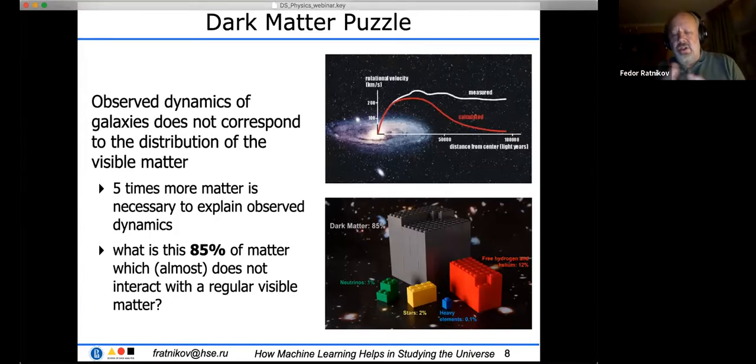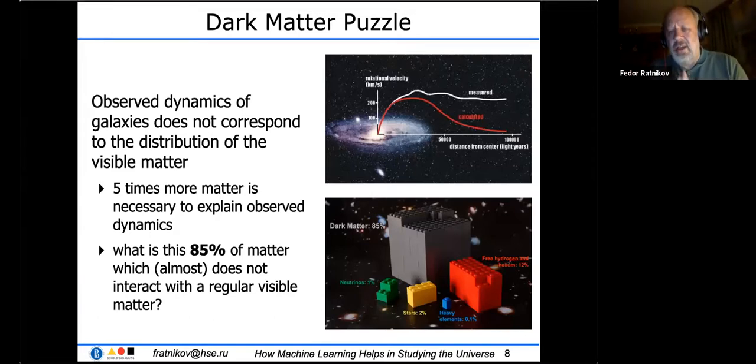So the last point I was asked about was: what is visible matter? Well, visible means that we can observe it, and if we can observe it visually, it means that it interacts with photons. So this material can reflect or emit photons.